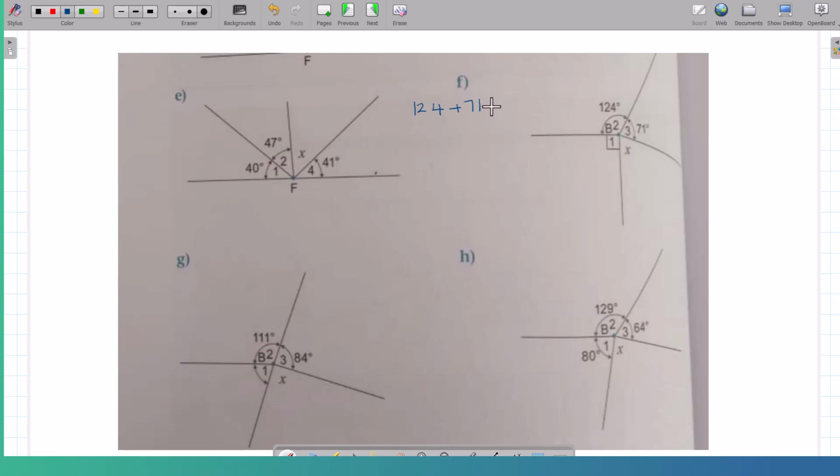There's no straight line here, so what do we say? Equal to plus what now? We're not yet done. Plus x, plus A.